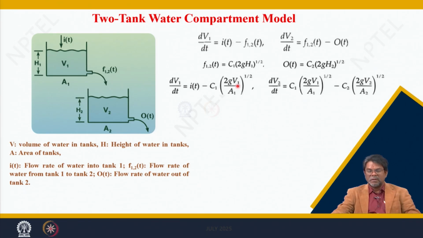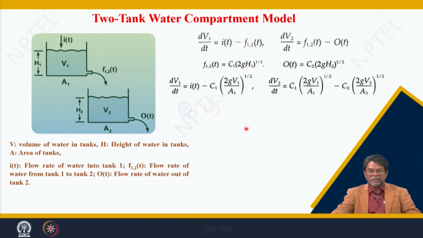That means H1 is represented by V1/A1. So the change in volume of water in tank 1 with respect to time is equal to the inflow rate of water in tank 1 minus the outflow from tank 1 to tank 2, and this outflow is represented by C1 times (2g V1/A1) to the power 1/2, the square root of 2gH1, or 2gV1/A1. This is very clear. I hope this is clear to you.